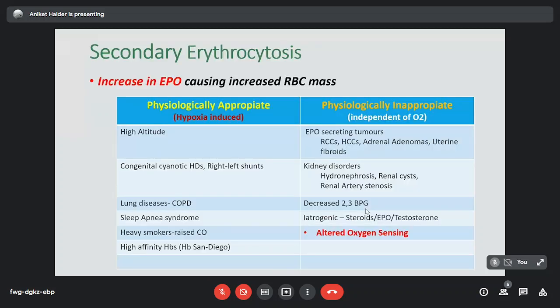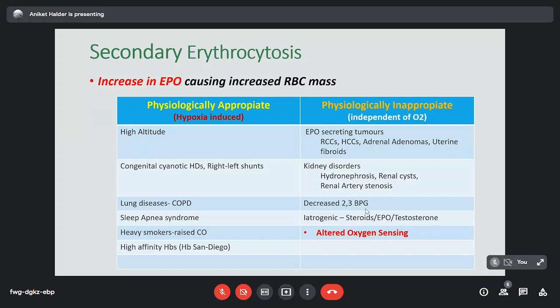So secondary erythrocytosis, as I had said, is due to increase in erythropoietin with resulting increase in red cell mass. This increased erythropoietin can be seen in certain cases in which there is presence of chronic hypoxemia, and this chronic hypoxemia induced secondary erythrocytosis is called a physiologically appropriate response.